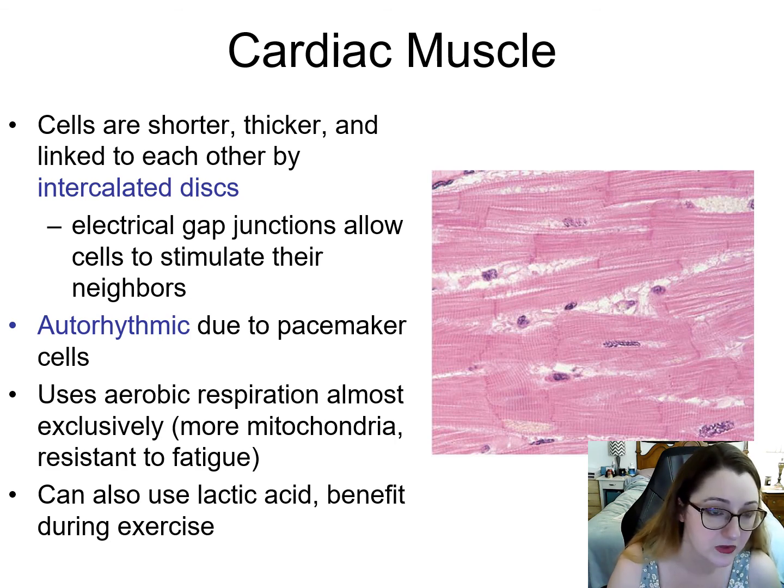The heart muscle, cardiac muscle, can also use lactic acid and is very beneficial during exercise. So some of the best exercise you can do is cardio, as the name implies, that is going to help your heart. And I believe that is it for this lecture.